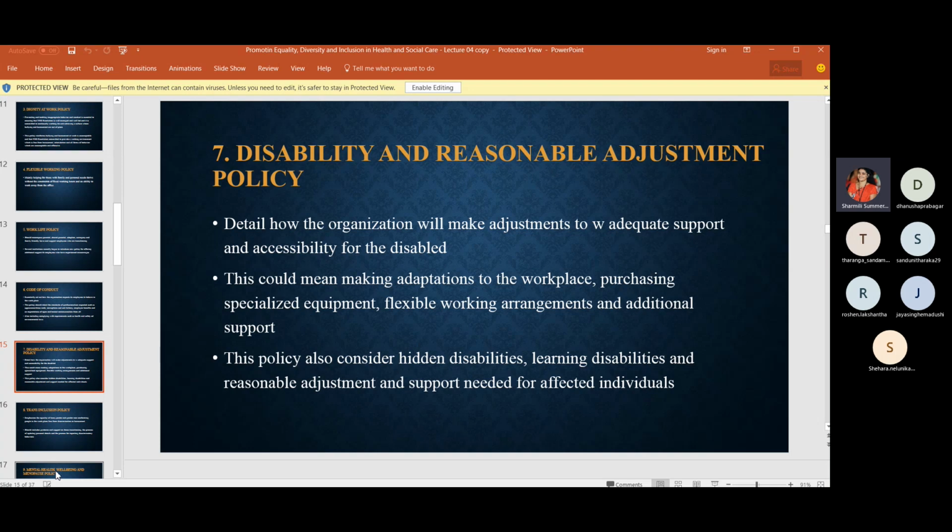The policy should detail how the organization will make adjustments to provide adequate support and accessibility for the disabled. Most institutions, not talking about healthcare sectors but any other working environment, can have adjustments to support accessibility for disabled people working there.